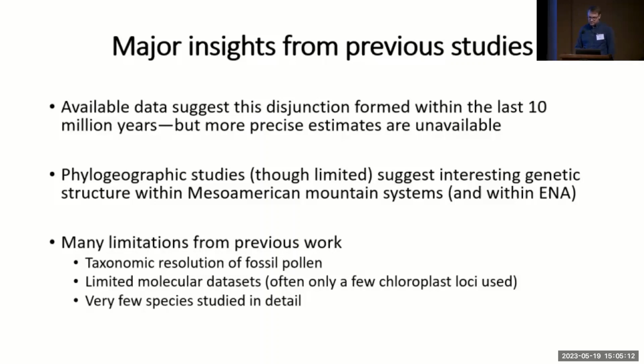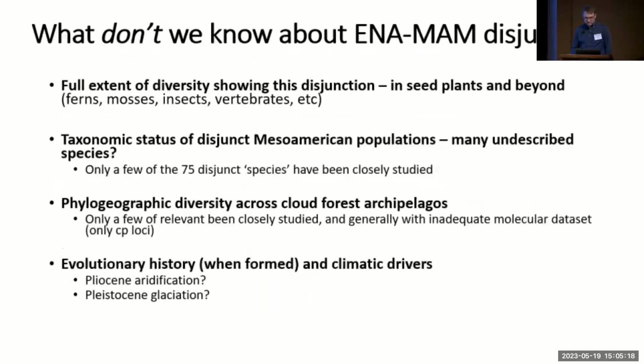Very few species have been studied in detail, from both a molecular and a morphological perspective, across this geographic range. So the main things we don't know about this disjunction pattern: we still don't know the full extent of the diversity showing it. We've cataloged about 100 species of seed plants, a little bit more than that, but that's just seed plants.